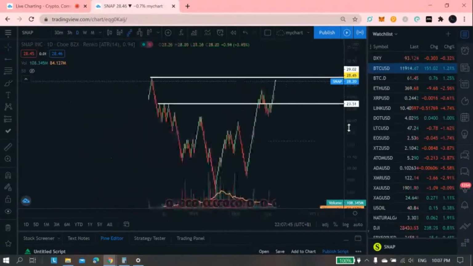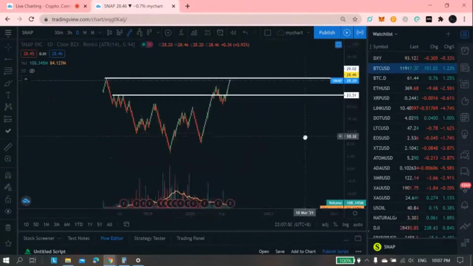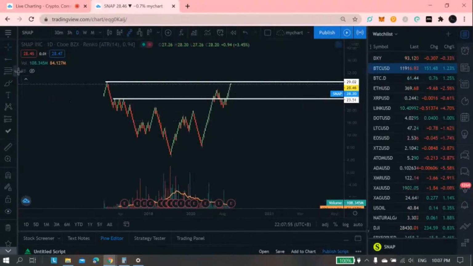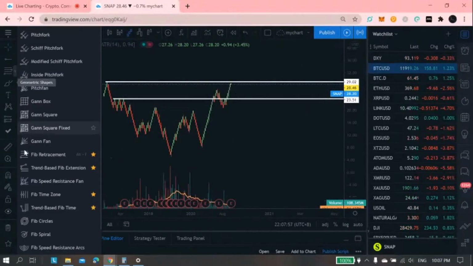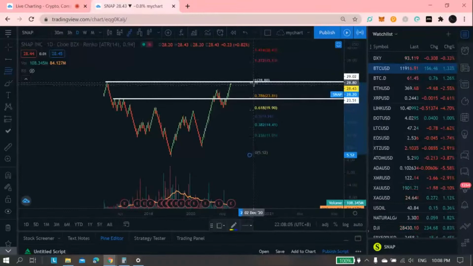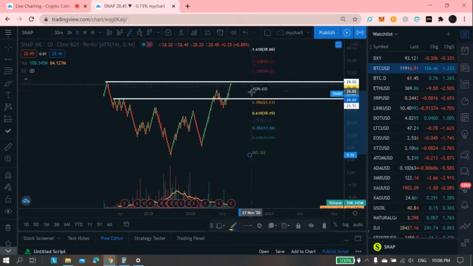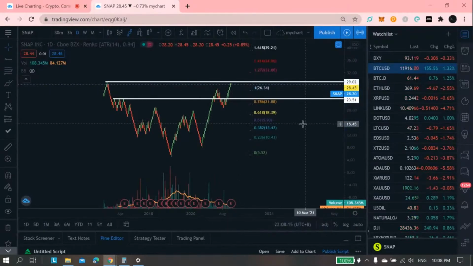So I think it depends on the earnings for Snap. But of course, if it's better than expected, we can use this as a target, around possible 30, 32.